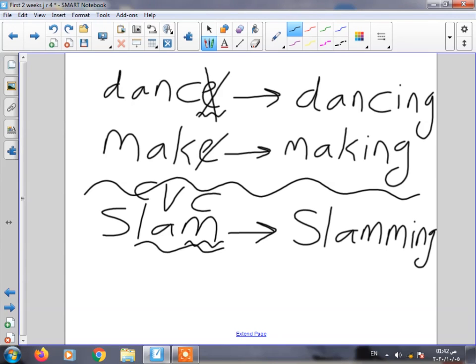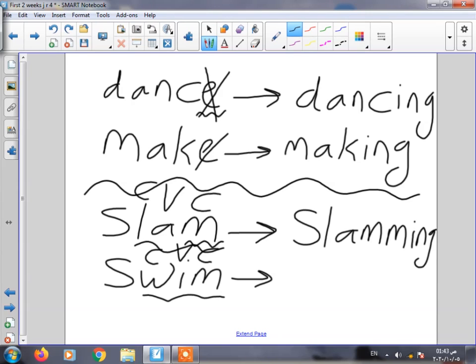Another verb like swim. Look at the last 3 letters. W, consonant, I is a vowel, M is a consonant letter. So before I add ing, I have to double the last letter.